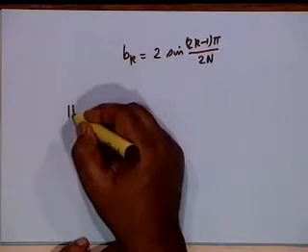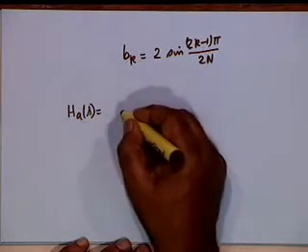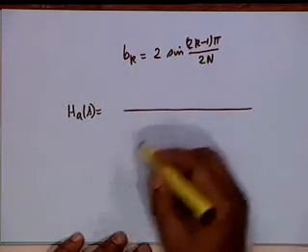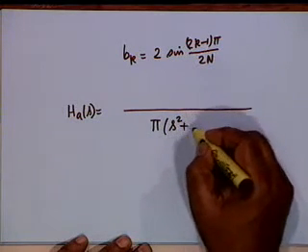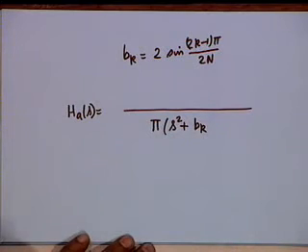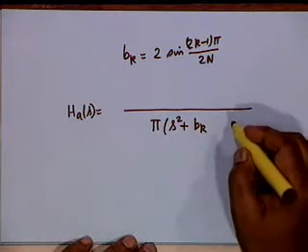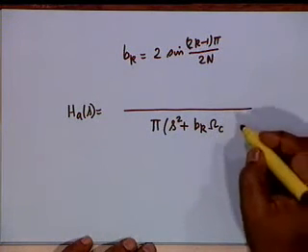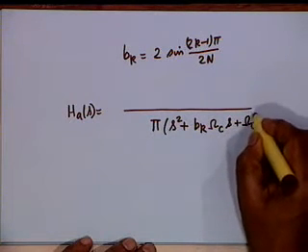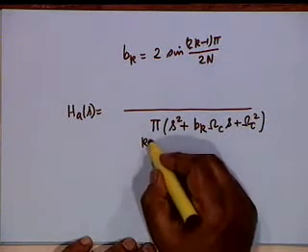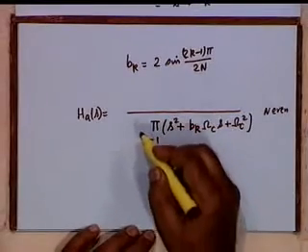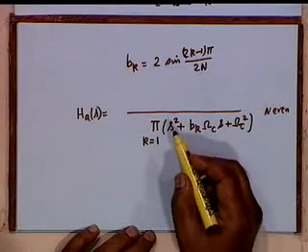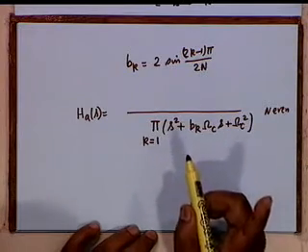So, in general, therefore, H A of S would be of the form continued product of S squared plus bk. If omega c is not equal to 1, then bk shall be multiplied by omega c: S squared plus bk omega c S plus omega c squared. K shall go from 1 to, if capital N is even, then k shall go from 1 to, pardon me, n by 2.